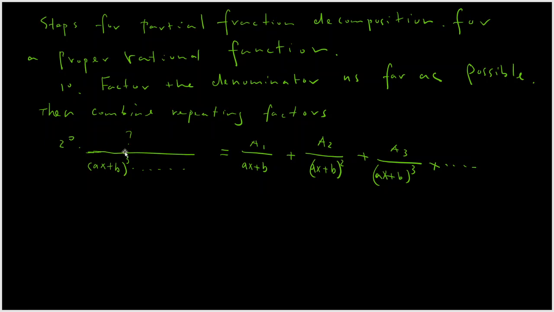Again, I wrote a question mark on top. At this point, the top can be anything. Okay. As long as the whole thing is a proper rational function, then in the form of partial fraction decomposition, if you see a linear function to the power of 3, you have 3 terms like this.